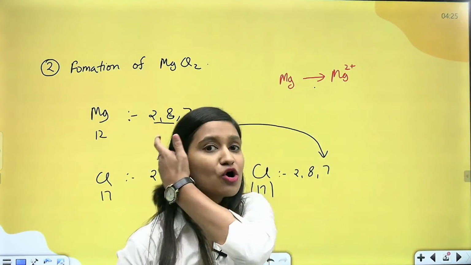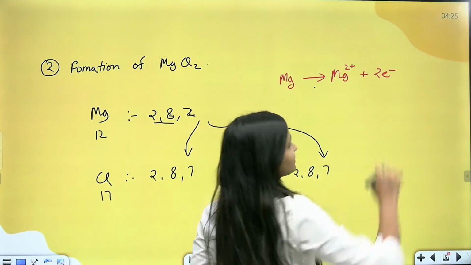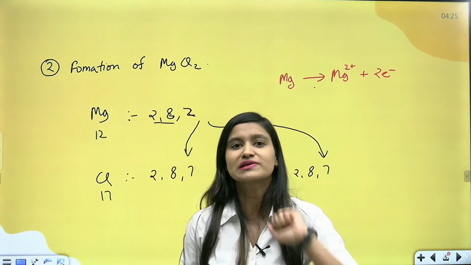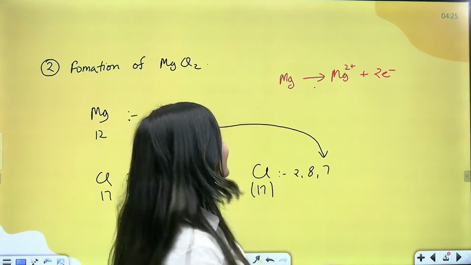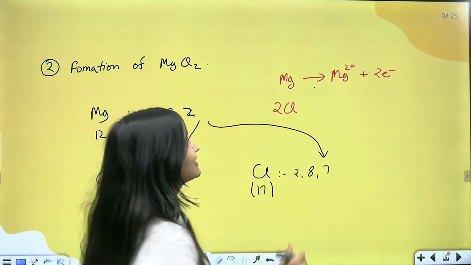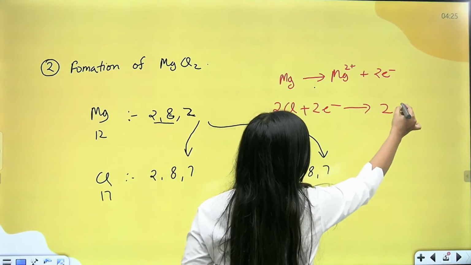Why? Because it lost 2 electrons. So plus 2 electrons we got. Now these same 2 electrons will be accepted by 2 chlorines. Always remember, that's how we balance the equations. Correct? So 2 chlorines will come and accept these 2 electrons, and 2 Cl negative will be formed.